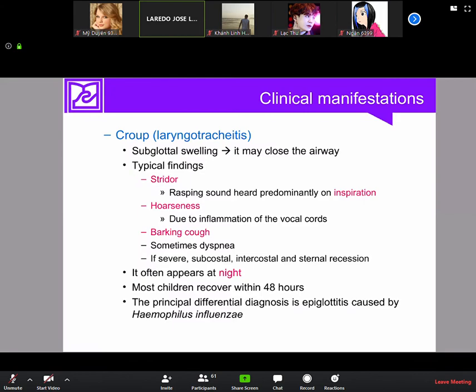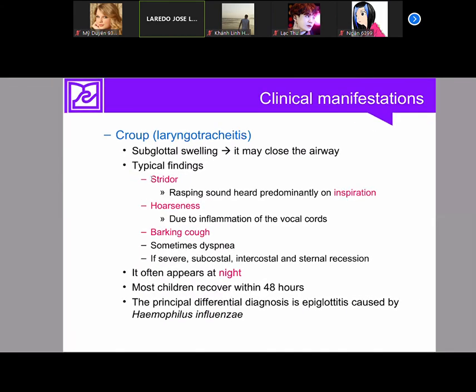Stridor is the sound that appears on inspiration. This sound appears because the airway is narrowed. This is laryngotracheitis, a typical disease of children, and you are going to meet many children with laryngotracheitis.